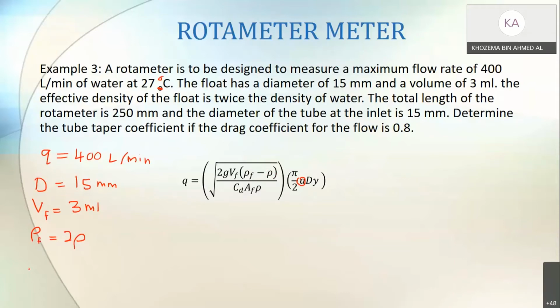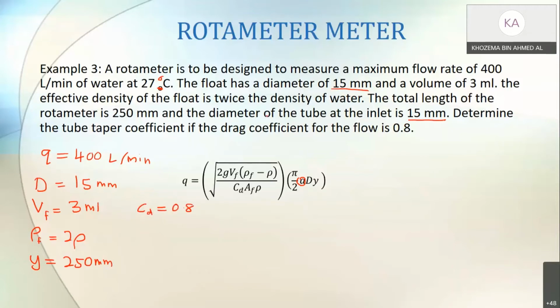So we can say that the value of Y, the height of the rotameter, is 250 mm, and the diameter of the tube at the inlet is 15 mm. So this shows us that the diameter at the inlet of the tube is the same as the diameter of the float. And then we also know that the drag coefficient, the value of CD, is equal to 0.8.